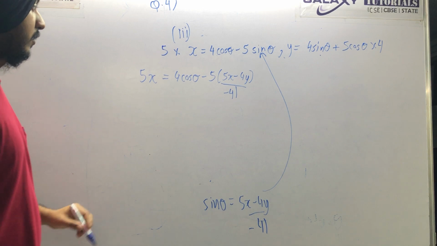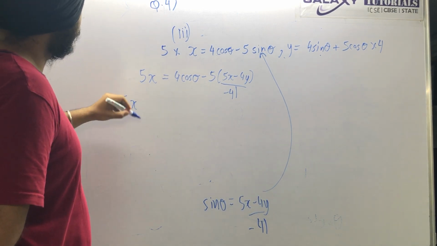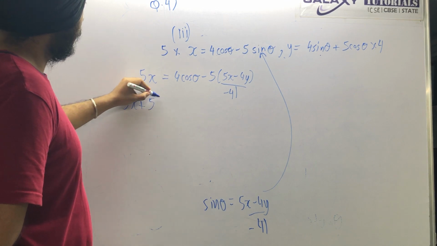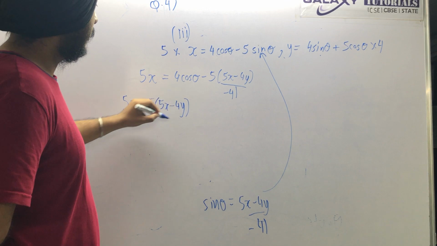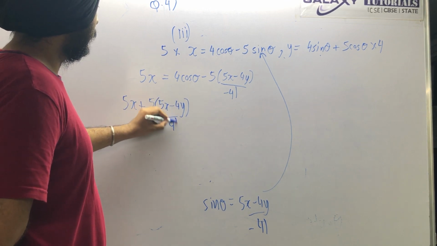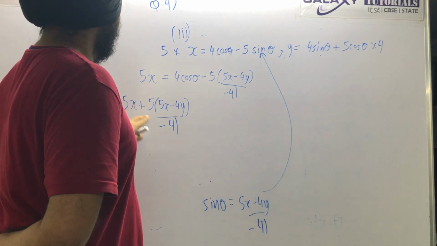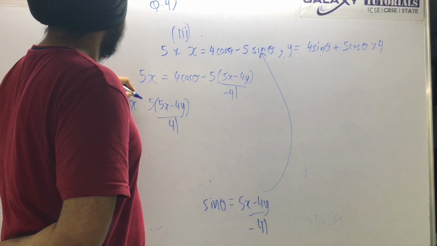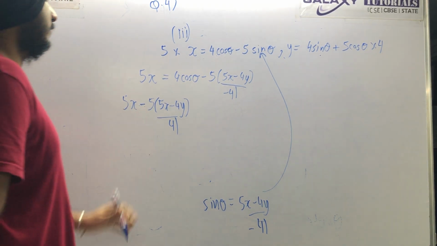Now just shift this over here. This will be 5x plus 5 into (5x minus 4y) upon minus 41, or you can simply write here minus, because there is a minus at the bottom. So this will become this.